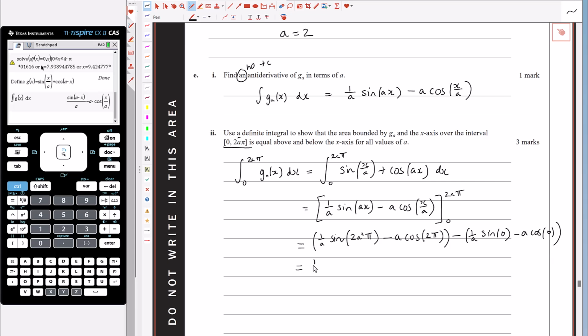Okay, so we have (1/a) sin(2a²π). I might write that as 2πa². I think that'll help me think a bit differently about it.